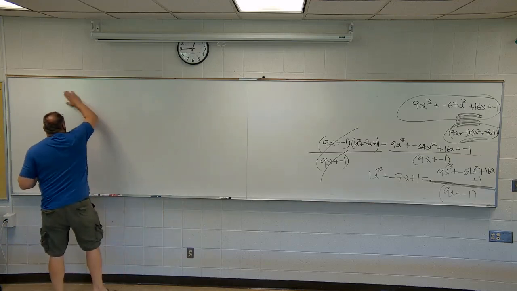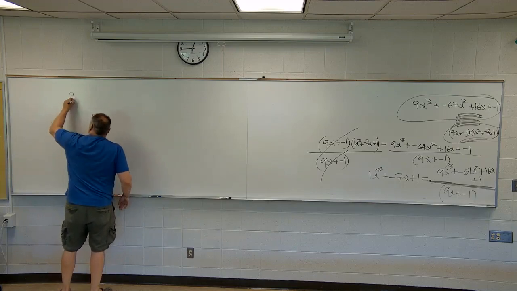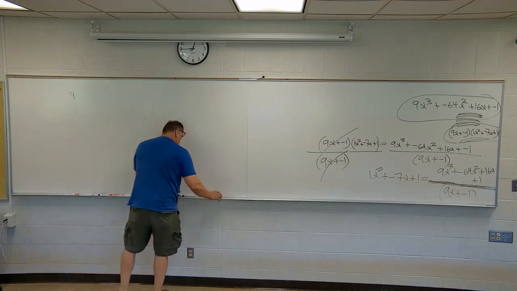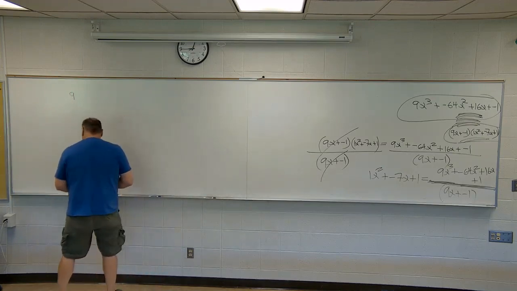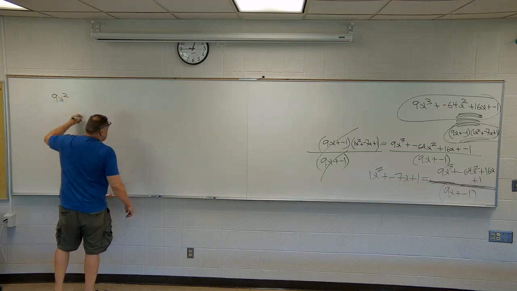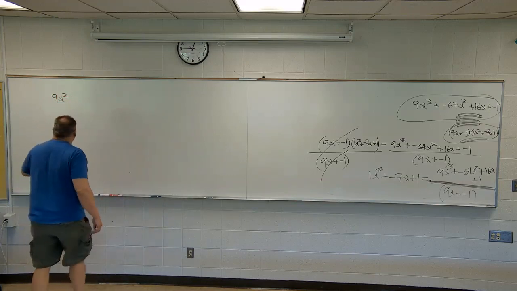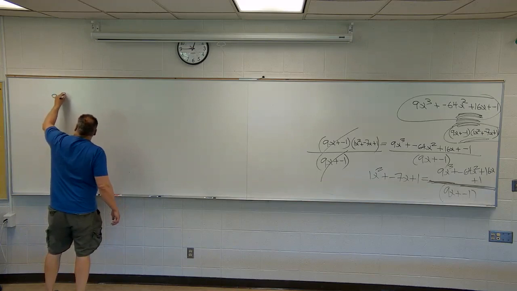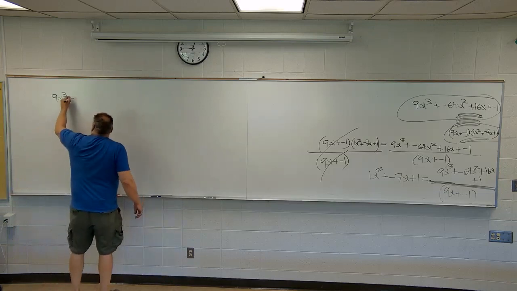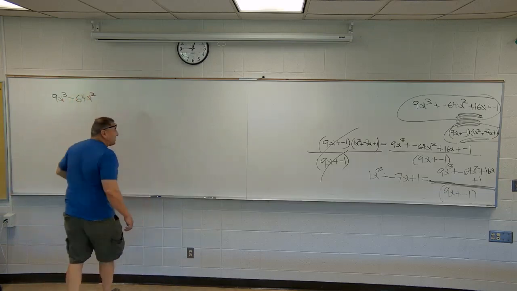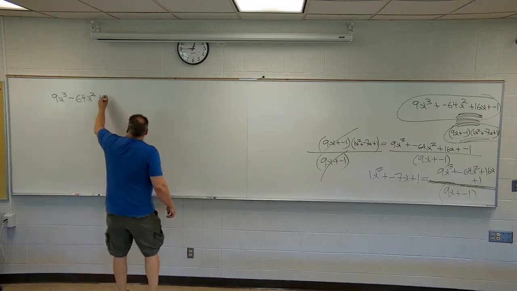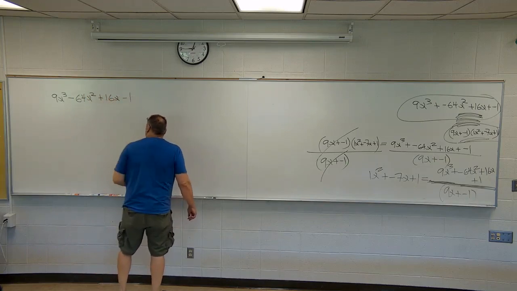This is not the best marker sometimes, guys, as I've already said. 9x to the third, sorry. 9x to the third minus 64x squared plus 16x minus 1.